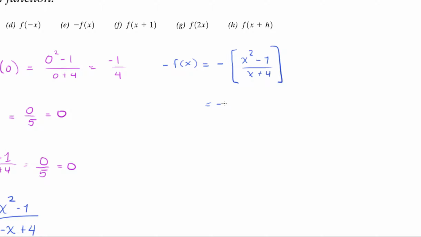It's just negative 1 over 1. And how do you multiply fractions? Straight across. Negative here, we're going to distribute in the numerator only. So you get negative x squared plus 1, and you're left with x plus 4. And that's what negative f of x looks like.